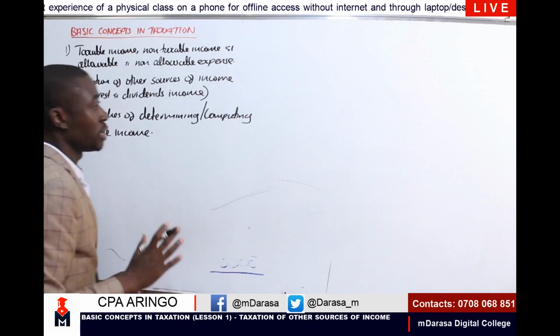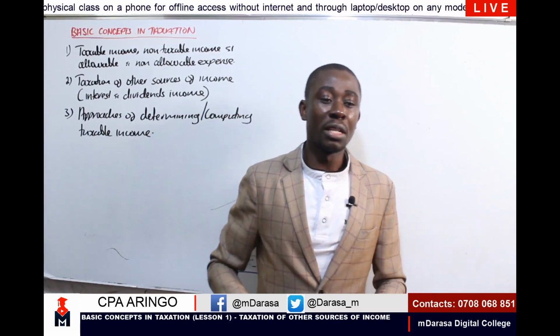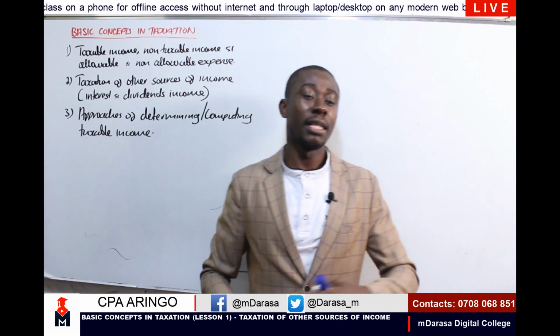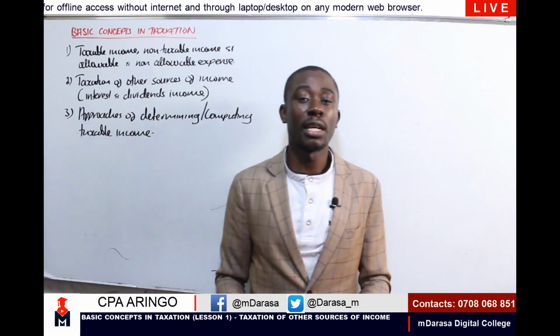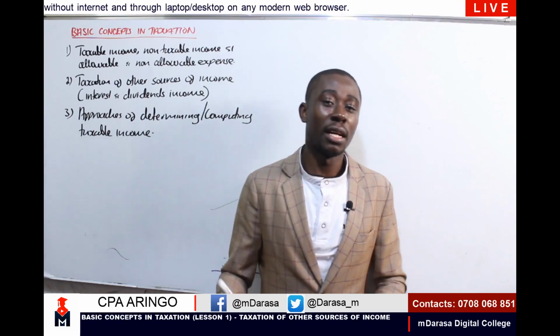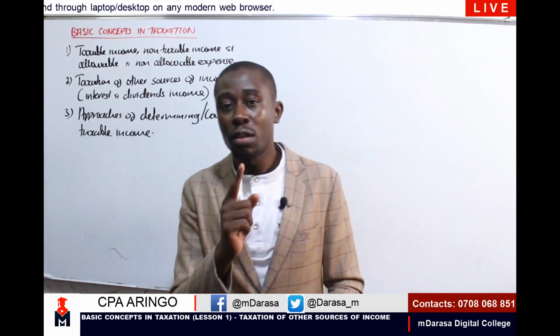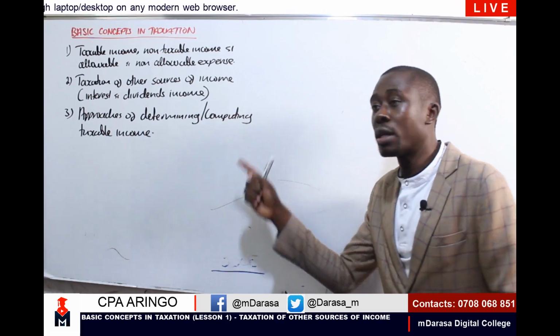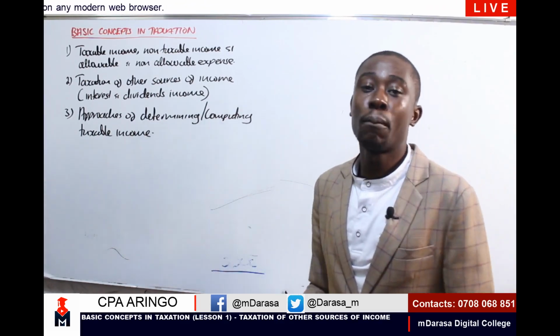This is so very vital, more so for exam purposes. Once you're told to determine, say, adjusted taxable income, and you end up using the gross profit approach, you'll start failing from the word go. Even the marks that you normally term as entry marks, there's a very high chance that you're going to lose them. So it is very vital that we understand which approach I am supposed to use, and at what point.